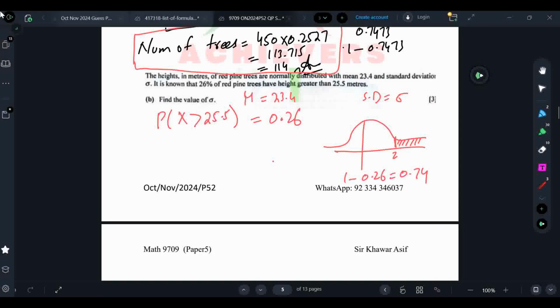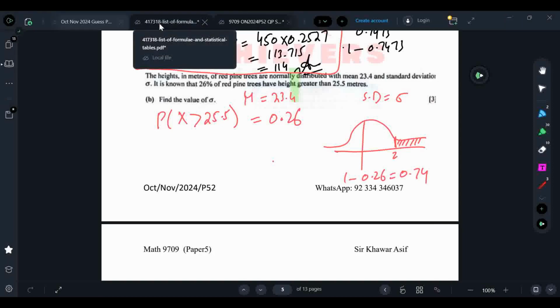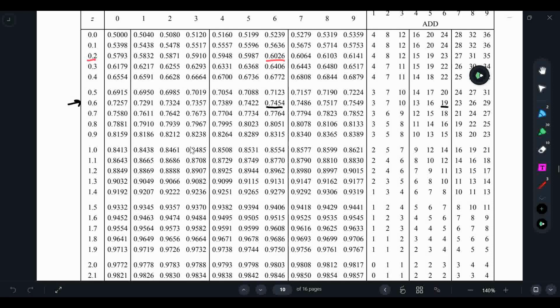Now we have to see the table where it would be. We need to use it in the reverse way. So 0.74. This one is 0.7454, 0.7389, and 0.7482. So this one is closer to 0.74.